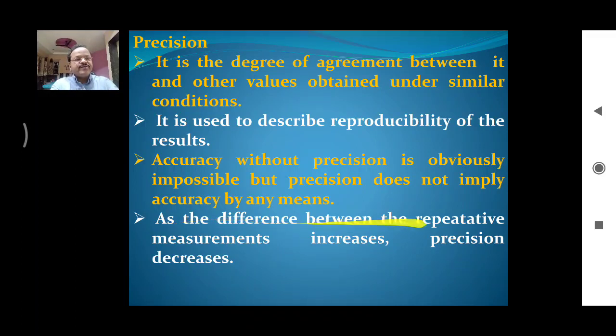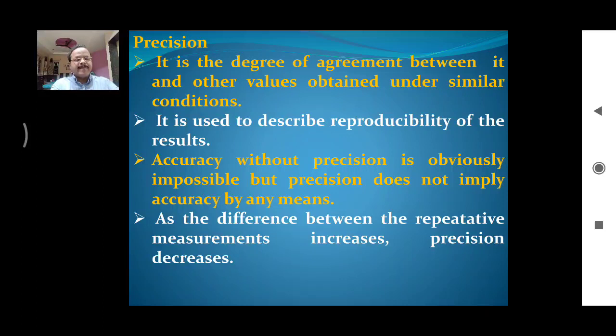As the difference between the repetitive measurements increases, precision decreases. What is the meaning of this? Suppose the analysis of a sample is carried out and the readings are 10, 10.1, 10.2, 10.3.